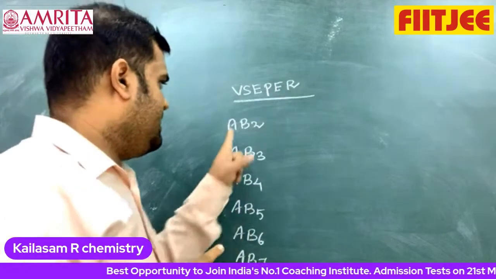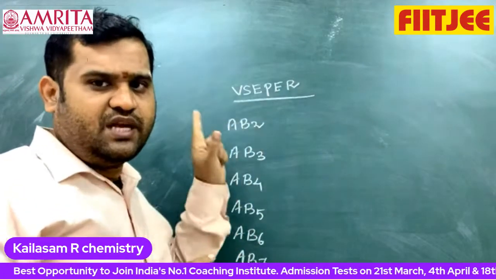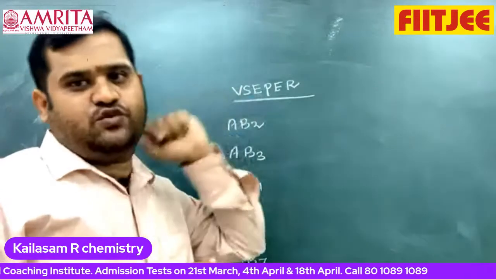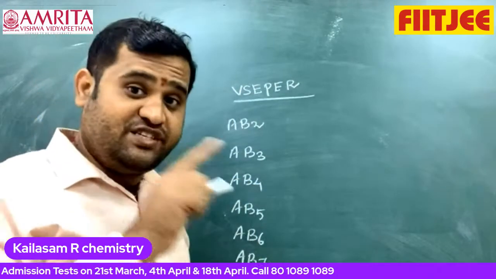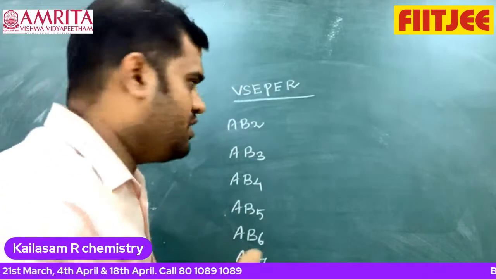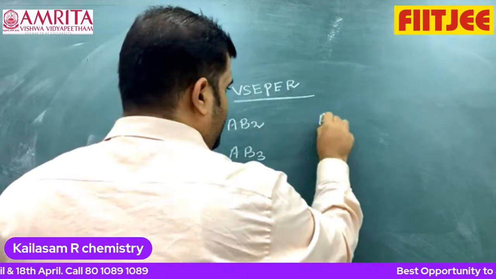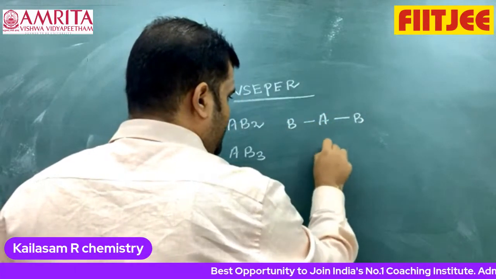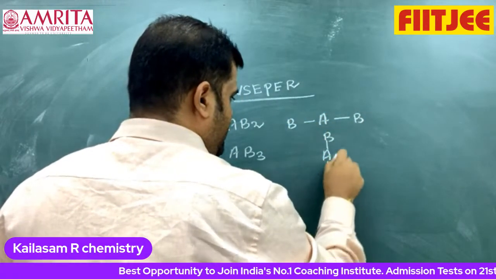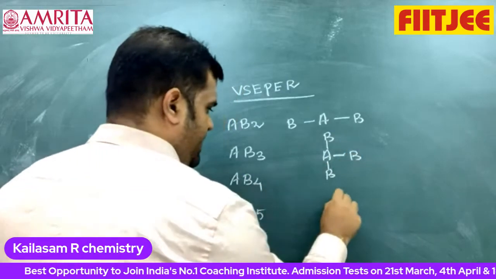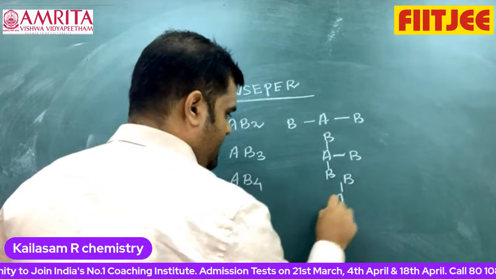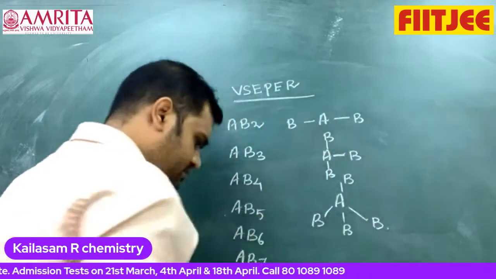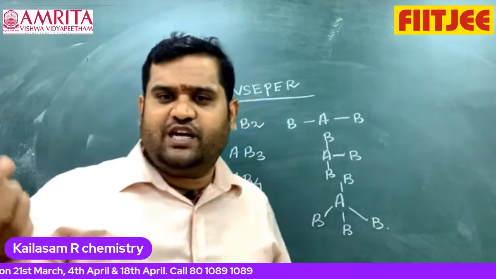Look at this. Here the central atom is A. The number of electron pairs surrounding the central atom decides the shape of the molecule. Now I can write A, and this is B, so A, B, B, B. What is the meaning of number of electron pairs?